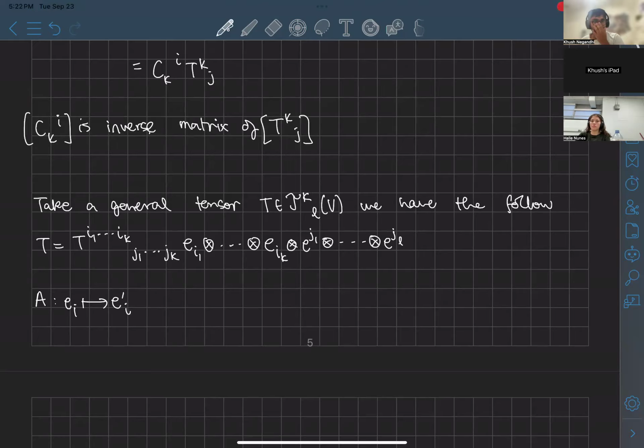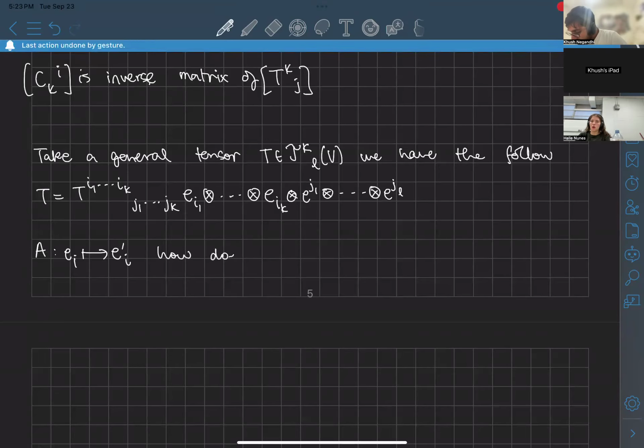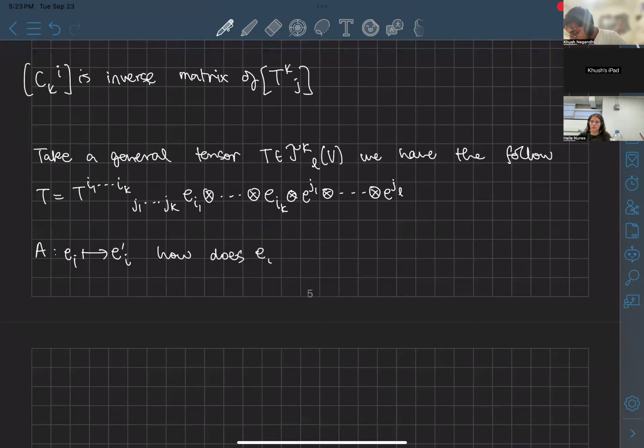Okay. Doing this, we can first see how the tensor basis transforms. How does this object transform? How does e_{i1} tensor up to e_{ik} tensor e^{j1} tensor up to e^{jl} transform?